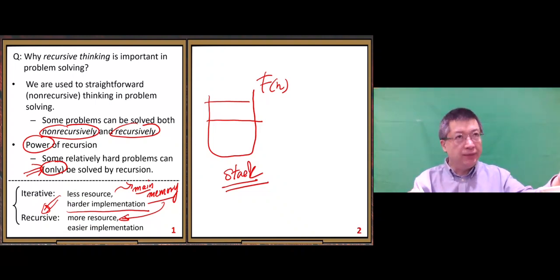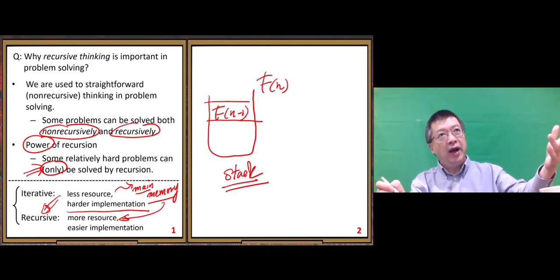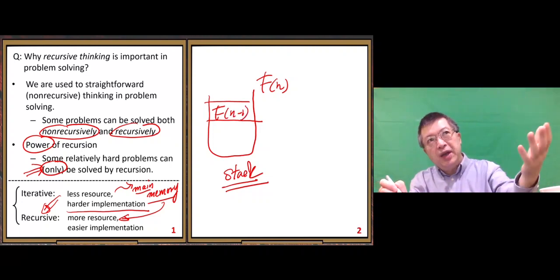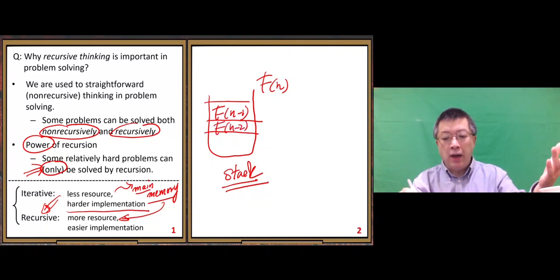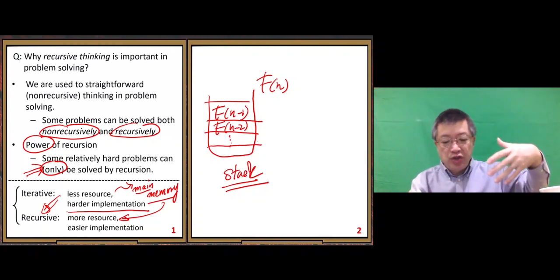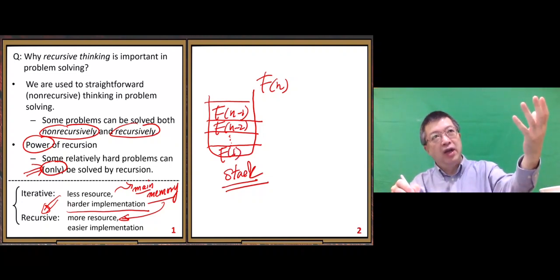So the only way to deal with that unknown situation is to push it into the stack, n minus 1. But in order to get f of n minus 1, it relies on the function value f of n minus 2, and so on. And when you reach the bottom, you need a base case, f of 1 value. You need to know the f of 1 value.